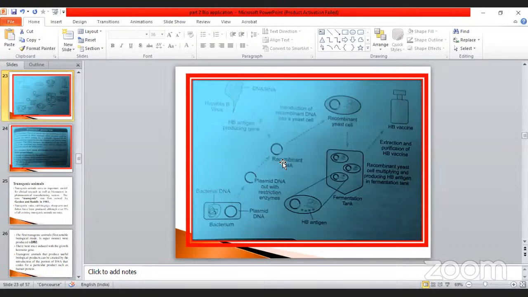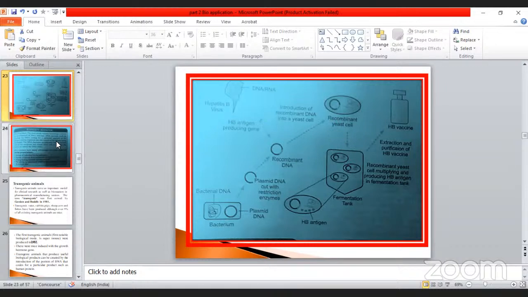After the recombinant process, we introduce it into the host cell. Automatically, this gene is expressed within the E. coli host, so you will get the HB antigens, the antigen-producing component. It can be commercially prepared and marketed. So this is the entire technique in a simple way, isn't it, my dear?